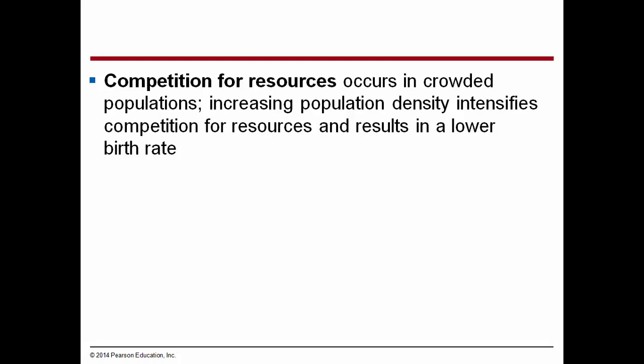Competition for resources occurs in crowded populations. An increasing population density intensifies competition for resources and results in a lower birth rate. So the more you're competing for these resources, the less of those resources you're getting, and the less of those resources you're getting, the lower your birth rate becomes.